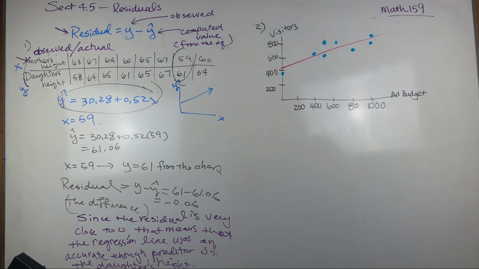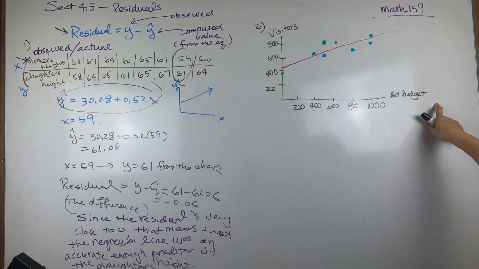An online retailer wanted to see how much bang for the buck was obtained from online advertising. So we collect the data. The retailer experimented with different weekly advertising budgets and logged the number of visitors who came to the retailer's online site. The regression line for this is shown below.